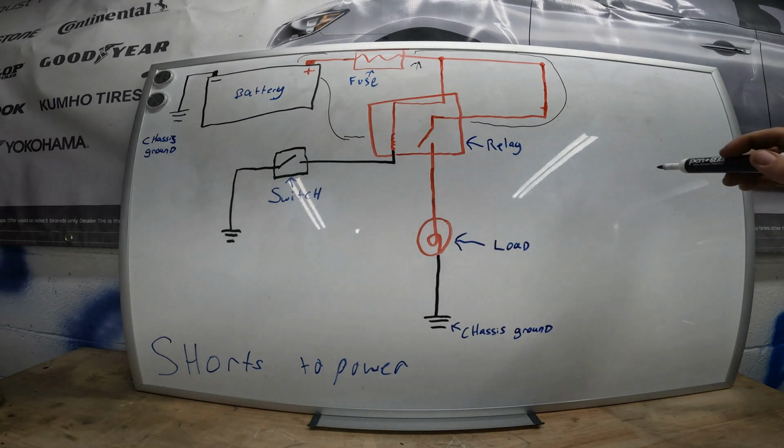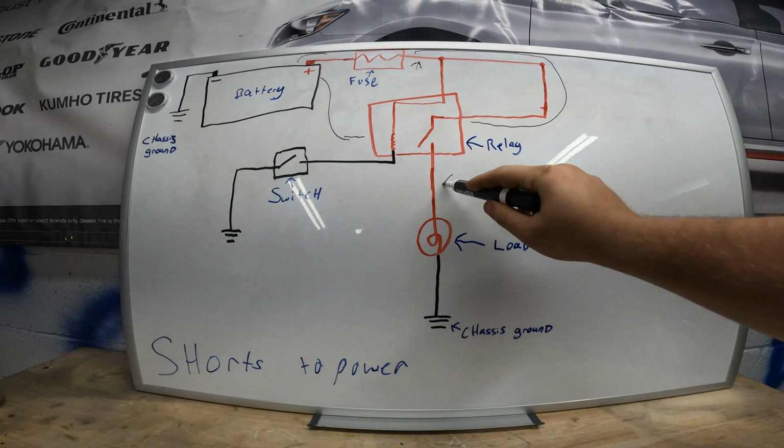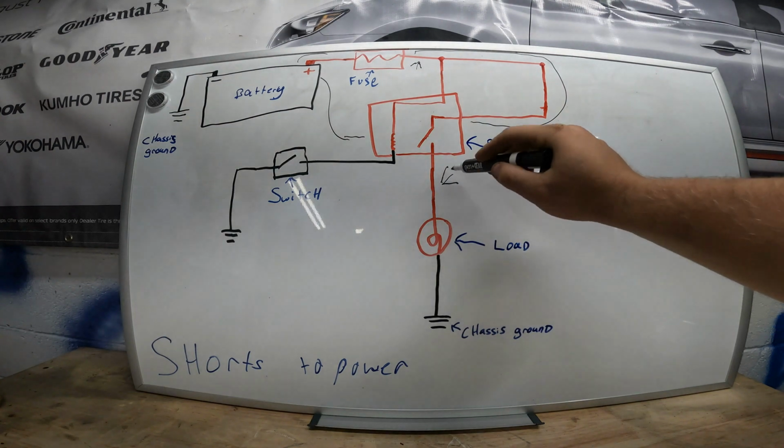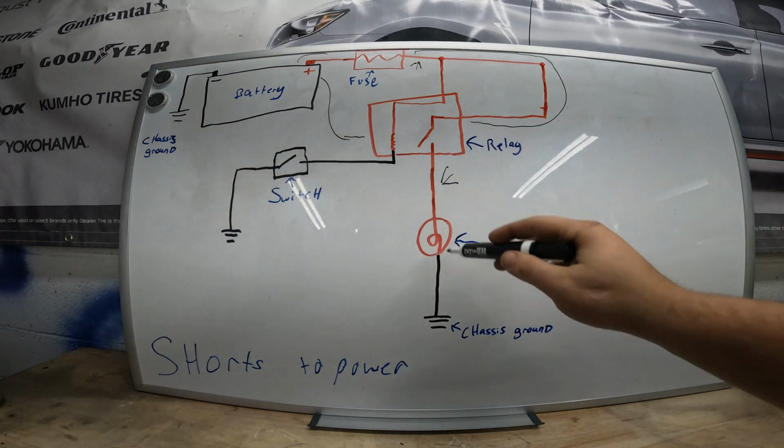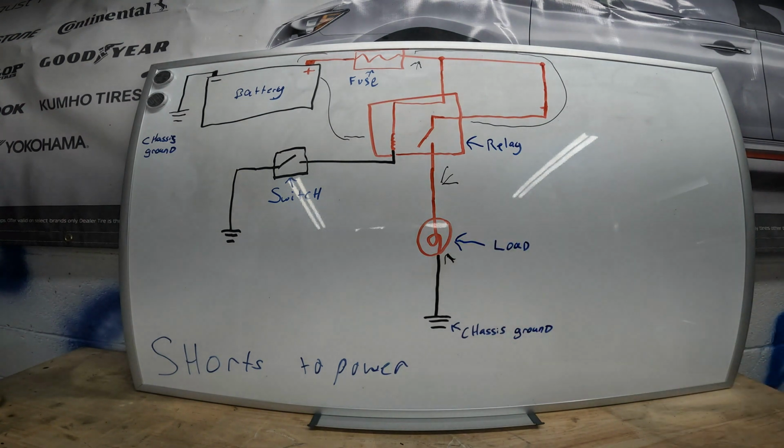If it happens after the switch part of the relay, if it happened here, this bulb, or whatever your load would be, would never turn off. It wouldn't be controlled at all.